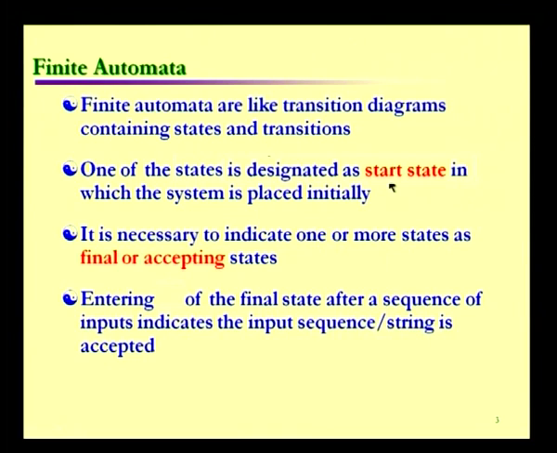Every recognition of a string should start only from the start state, and from there we keep on recognizing symbols based on the various transitions available on the edges. It is also required to have one or more accepting states.